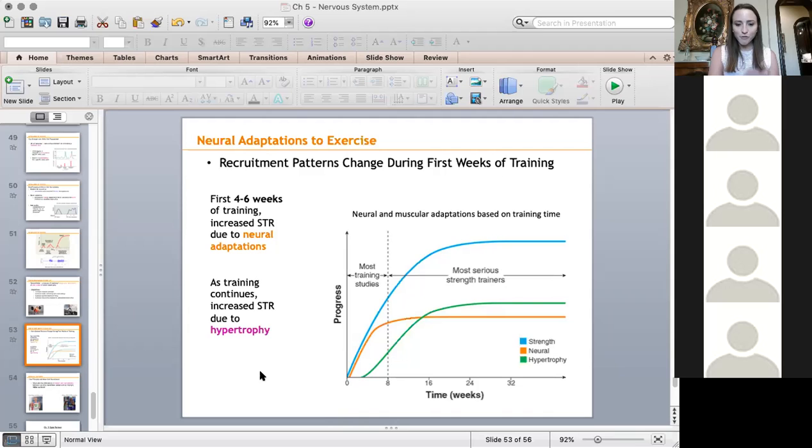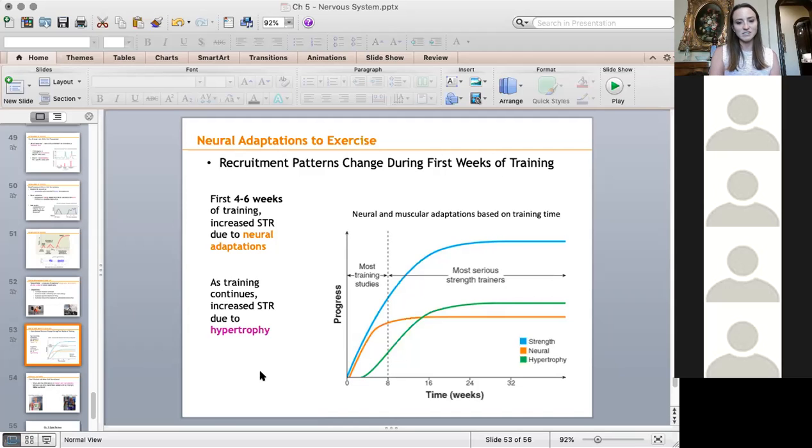But after that 4 to 6 week mark, around 8 weeks, the changes to the muscle start becoming more significant. So when we start lifting, there are changes to the muscle. The muscle is going to probably be sore. We have maybe increased size early on, but significant changes to muscle size, called hypertrophy, don't occur until later on, so the 8 to 16 week mark.